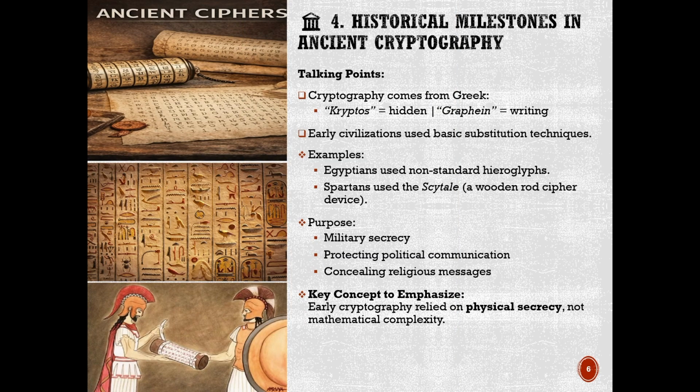Translation would have been done by an official translator at times, or persons like the kings would have been able to decipher the tablets of stone. The primary purpose of ancient cryptography was military secrecy, protecting political communication, and concealing religious messages. The key concept is that early cryptography relied on physical secrecy, not mathematical complexity.